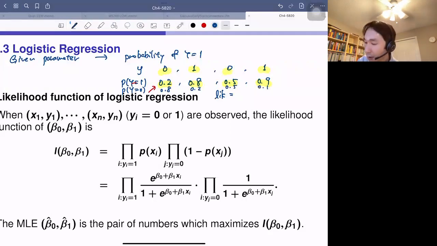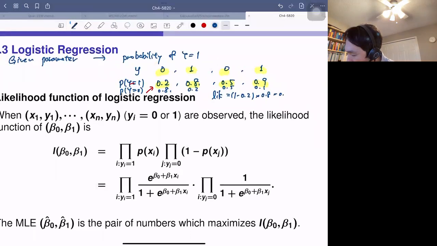So the likelihood we need is 0.8, or 1 minus 0.2, times the second one. The success probability is 0.8, and actually we succeeded, so 0.8. The third one is 0.5, so 1 minus 0.5.